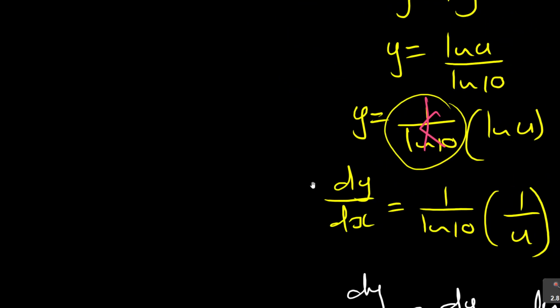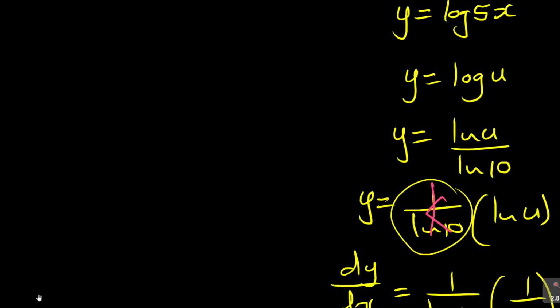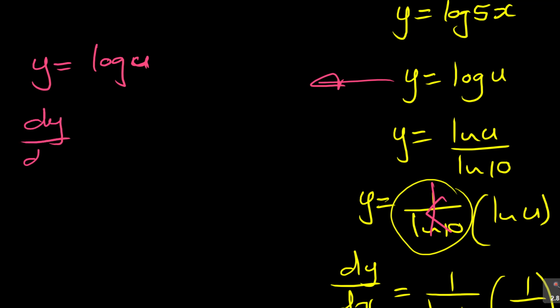And then, should you have wanted to differentiate this straight away, what are we having here? y is equal to log u. So what does it become? dy over dx is equal to, now what we have here, log, I think it will become log e over u.